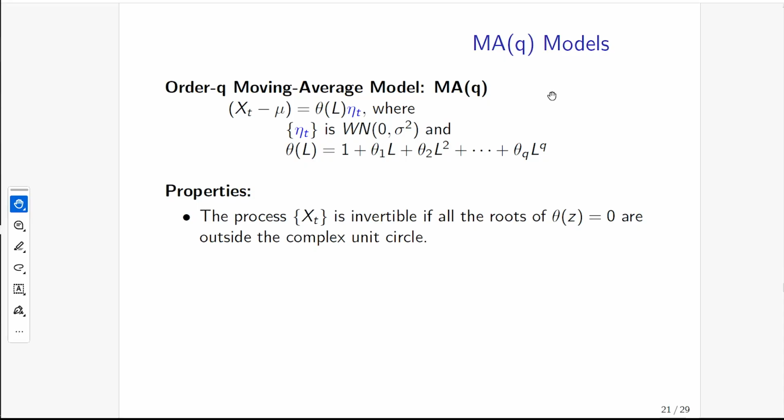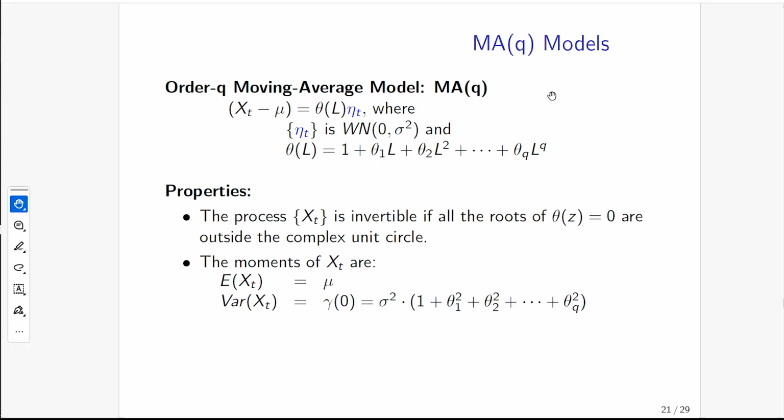One thing we might want to do is invert this moving average model into an autoregressive model by multiplying the model equation on both sides by the inverse of the theta of L operator. If we do that, then we have an autoregressive representation of the moving average order q model.